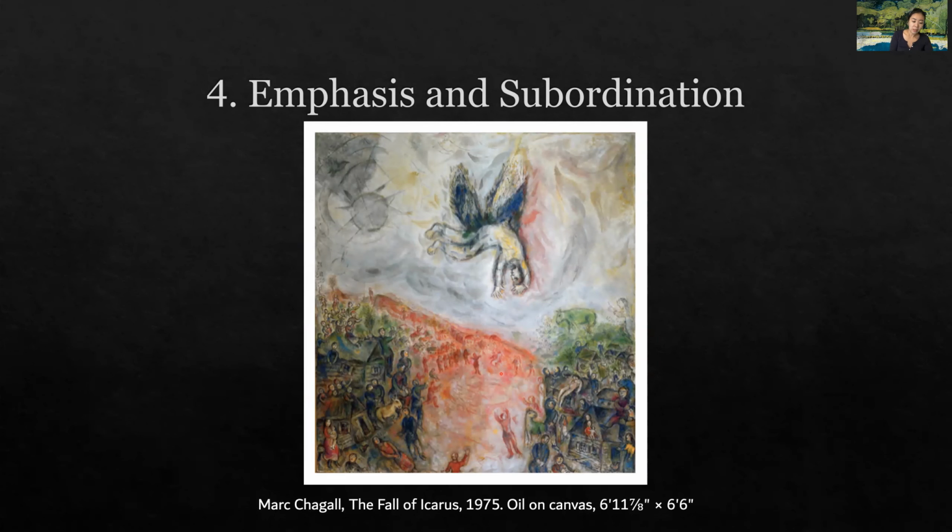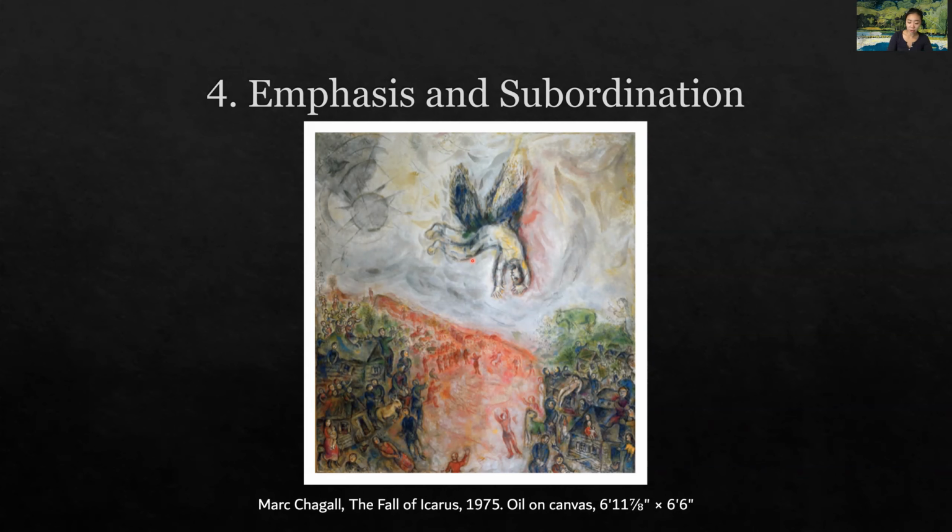So this is a painting, The Fall of Icarus by Marc Chagall. Chagall was a Russian French artist during the World Wars. In his painting, Chagall draws attention and illustrates a critical moment from Greek mythology.